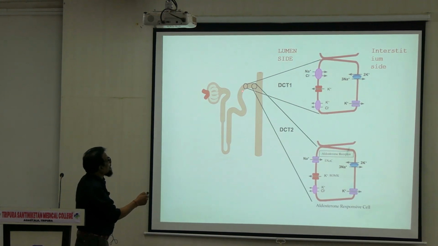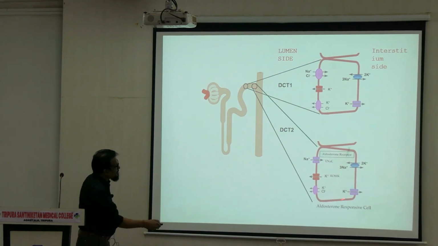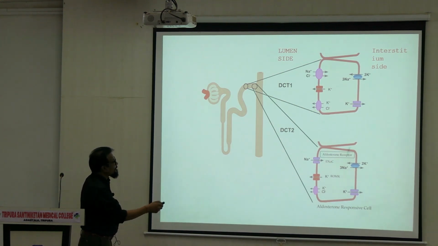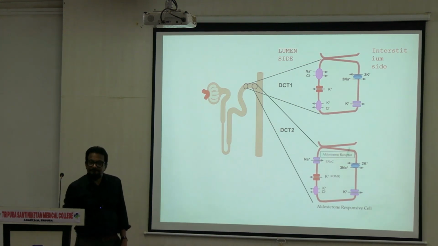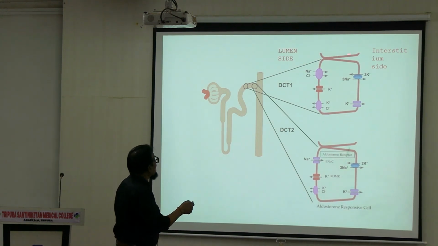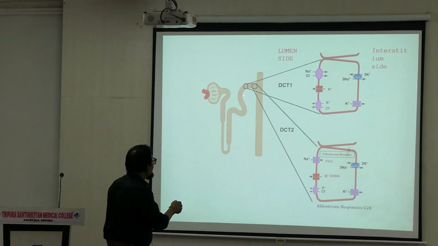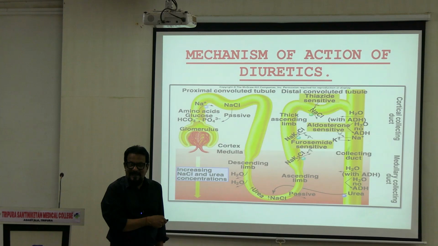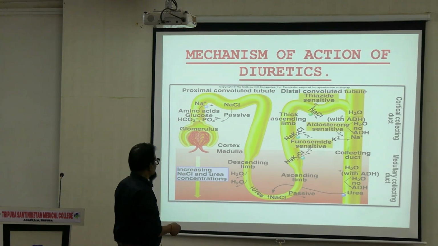So for this one, what is the mechanism of sodium transport? And for this part, what is the mechanism of sodium? Can you find the difference? Here, aldosterone will not act. Here, aldosterone will act.